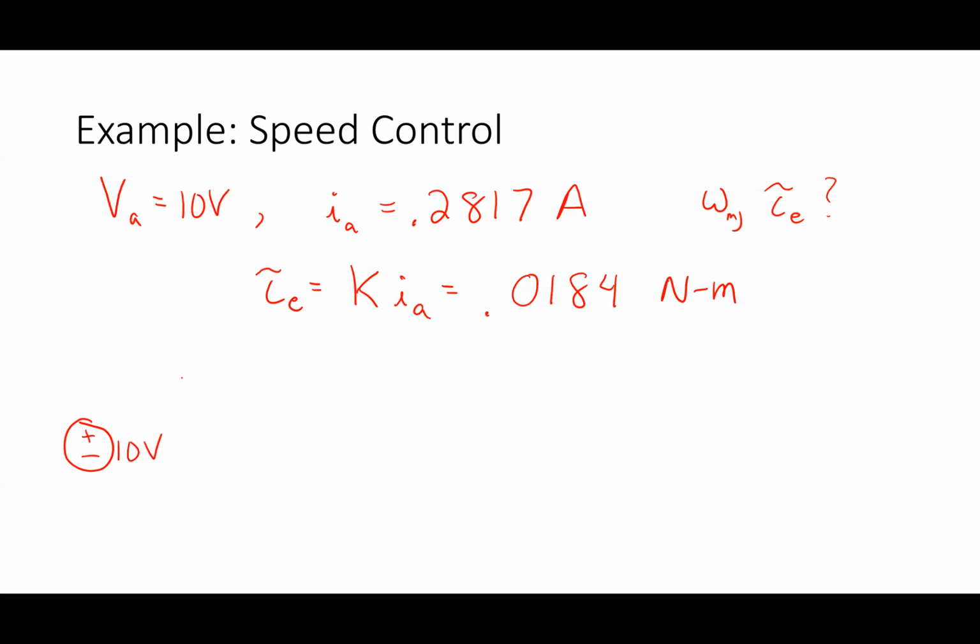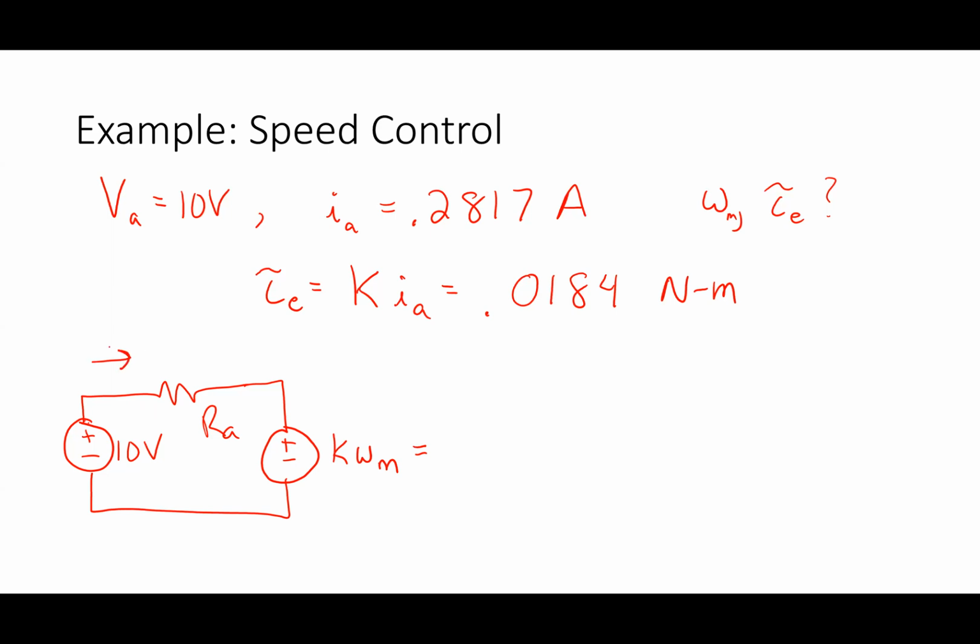The other one is not a real voltage source; it's a model for what's happening inside the machine, the K omega M. So I put RA and K omega M like that. What would I do to figure out the speed here? KVL.